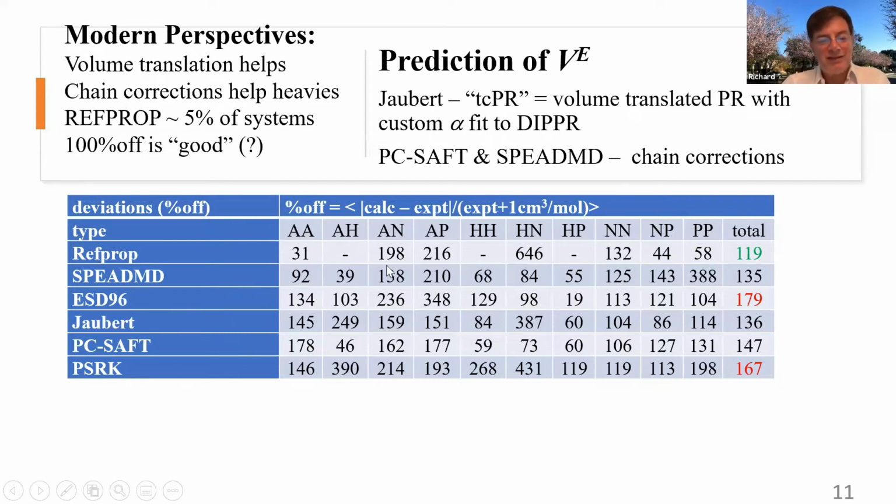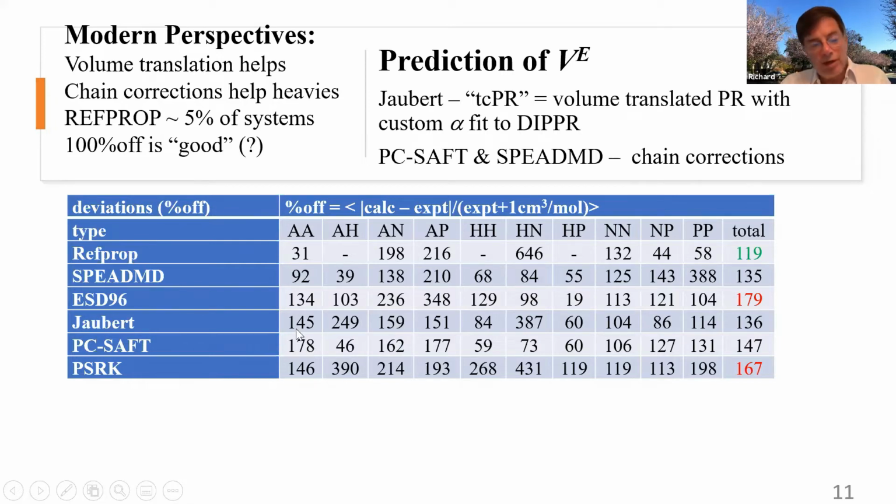Associated heavy, associated normal, associated polar, and I think you get the idea. So we would probably expect to see the largest deviations when you put an associated molecule with a non-associating or normal type molecule. And we do, but it's not always that way. So they're not hugely different. And when it comes to PC-SAFT, it's very similar actually.